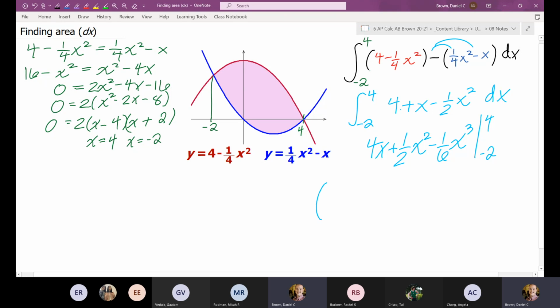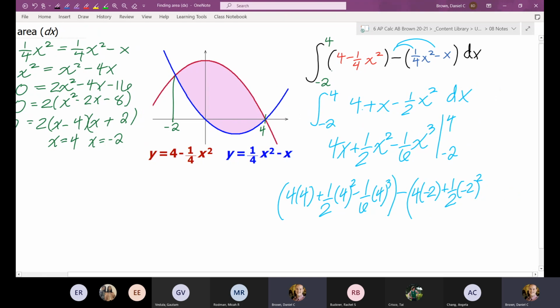Plugging in the top, I have 4 times 4 plus 1/2 of 4 squared minus 1/6 of 4 cubed, minus, plugging in the bottom, 4 times -2 plus 1/2 of -2 squared minus 1/6 of -2 cubed.